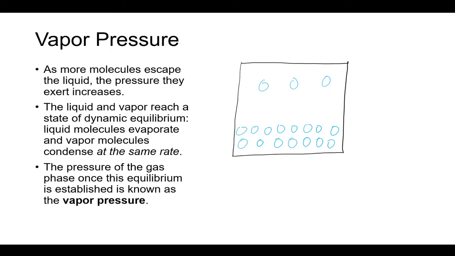Okay, so this liquid and vapor reach what's called a state of dynamic equilibrium. One of the most confused concepts in all of chemistry is that equilibrium means nothing is happening. Wrong. Equilibrium means a whole bunch of stuff is happening, but it's happening at equal and opposite rates.